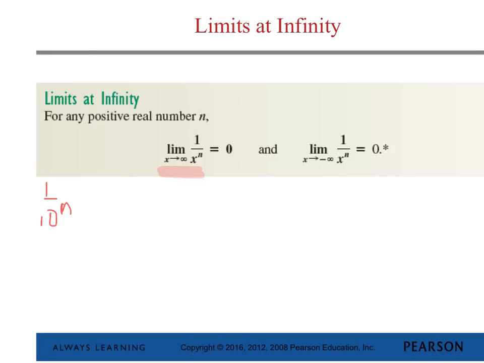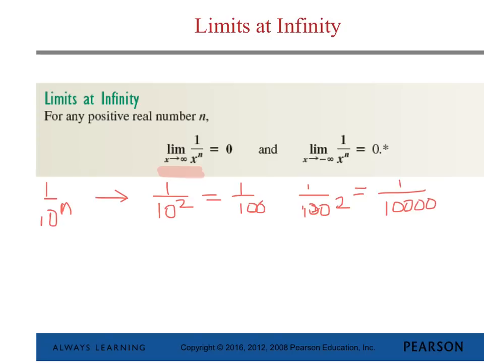As x gets bigger and bigger, even if that power itself is small, for example, 1 over 10 squared. 1 over 10 squared is 1 over 100. 1 over 100 squared is 1 over 10,000. 1 over 1,000 squared, oops, sorry, one too many, is 1 over 1,000,000.